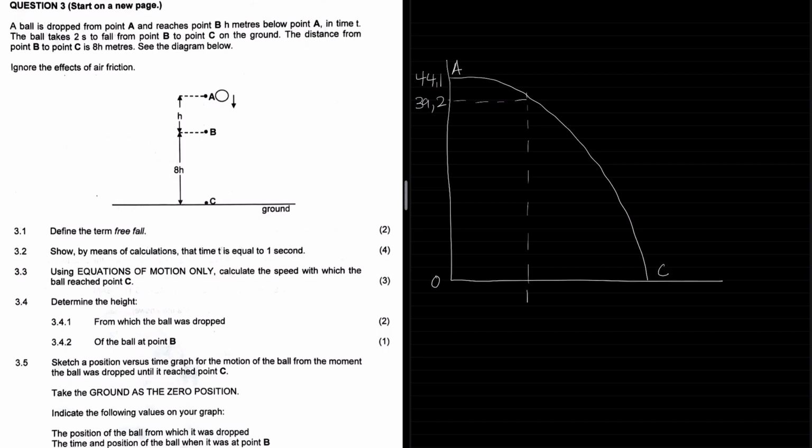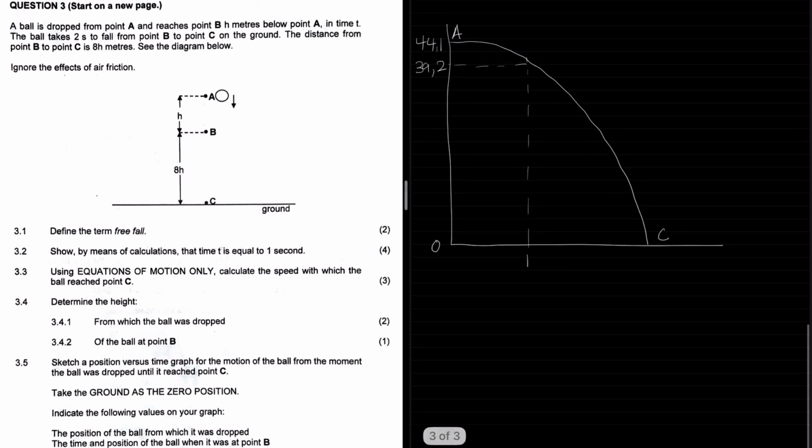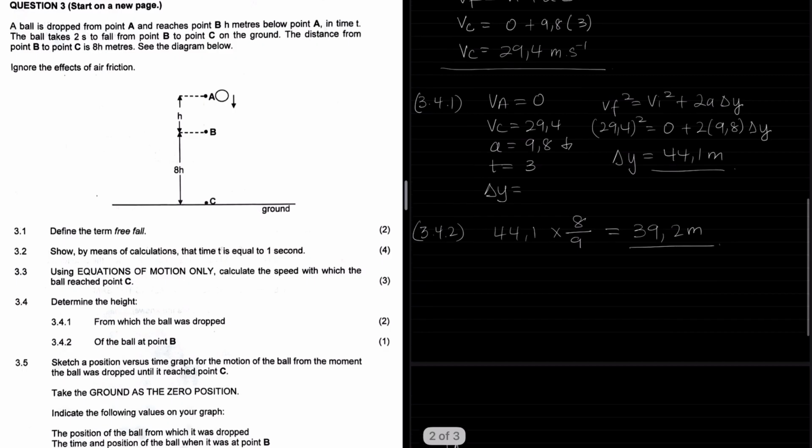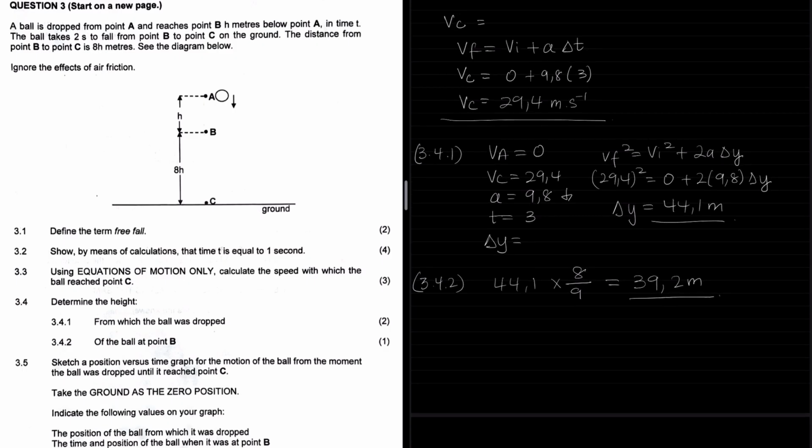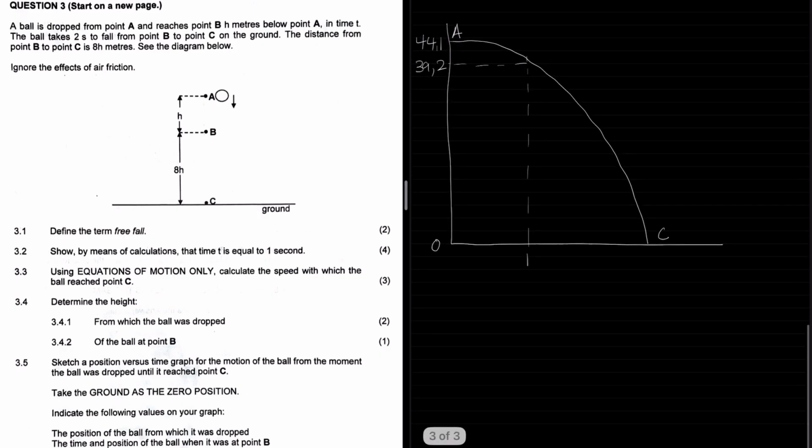That's 1 second. And the last thing that's missing is the time taken for the ball to reach point C. We haven't worked that out yet, but we can work it out. So if we look at our information that we have here, we do know the time is 3. So this here is 3.